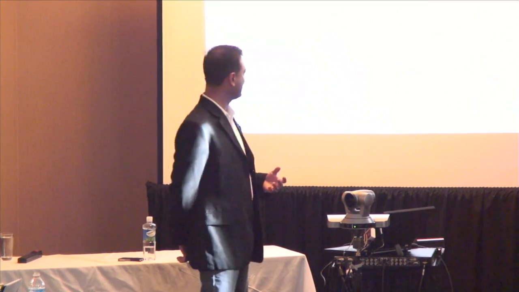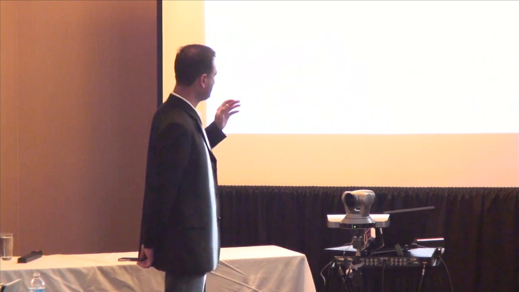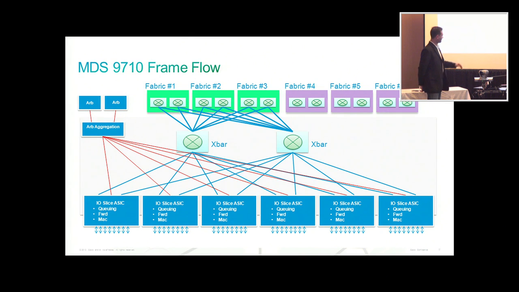So looking at it from a frame flow perspective, how do the frames flow in this chassis? What this is showing is we have I/O slice ASICs on the ingress, and this is 48 ports, so 8 ports per each of these ASICs, and 6 of these ASICs.